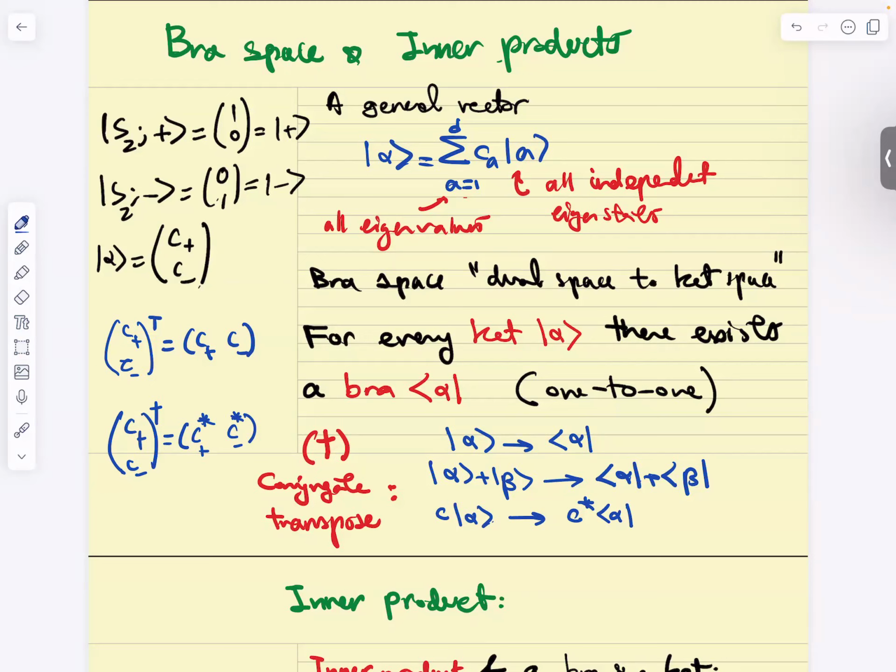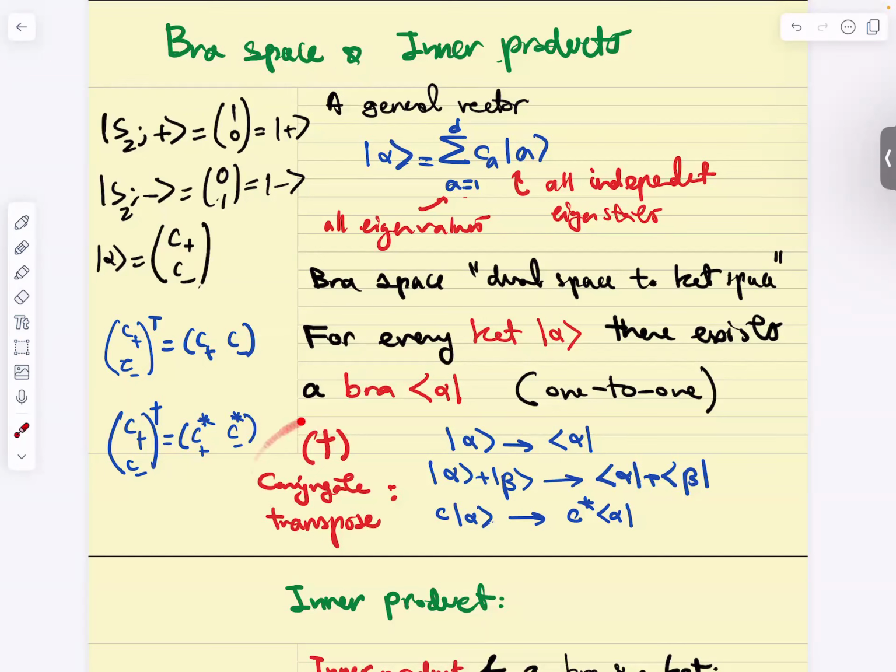Clearly, this procedure associates to every ket a bra, every column vector a row vector, and vice versa. You can go back, since the conjugate of a conjugate is again the same vector. So it squares to the identity.